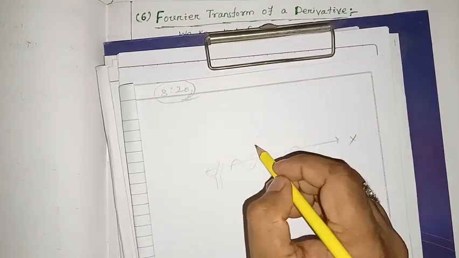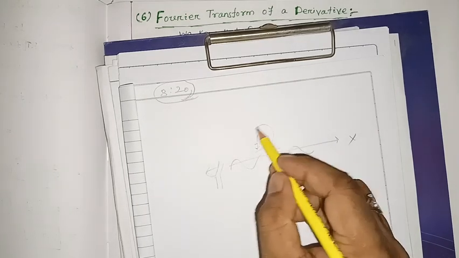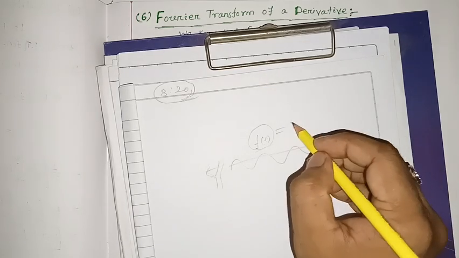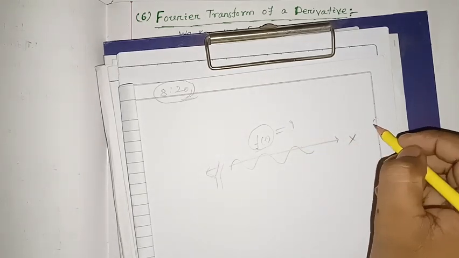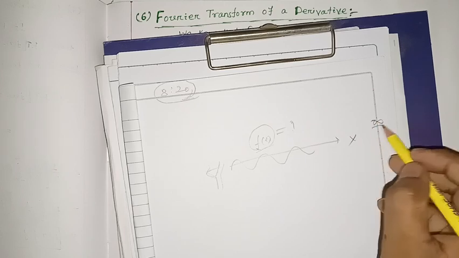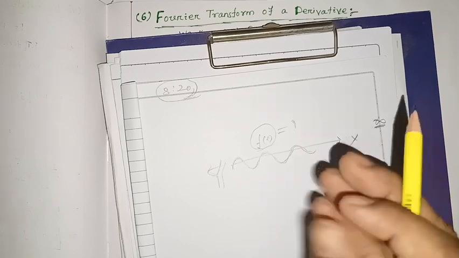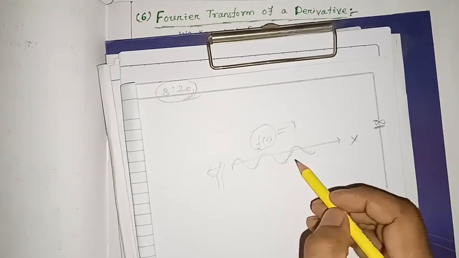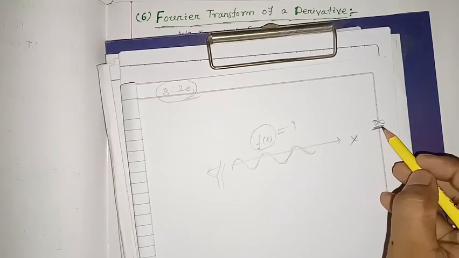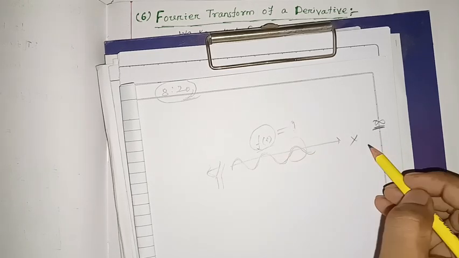It can be represented by f(t). What will its value be at infinite distance? At infinite distance the signal is attenuated, its amplitude decreases, and at infinity the signal goes to 0.